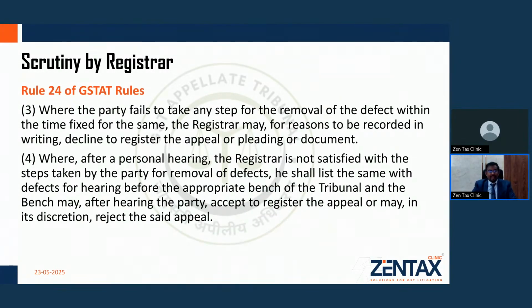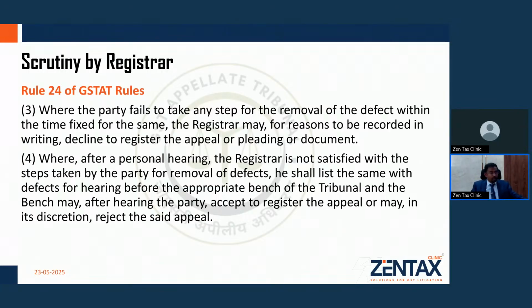Where even after such time that the defect which is communicated is not rectified, is not removed, then the registrar may decline to register the appeal itself. He may outrightly say this appeal will not be taken into consideration. But where he has given an opportunity for the personal hearing and still he is not satisfied, the registrar does not end the matter there, but he shall list the defects for hearing.